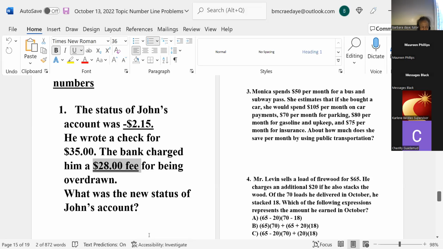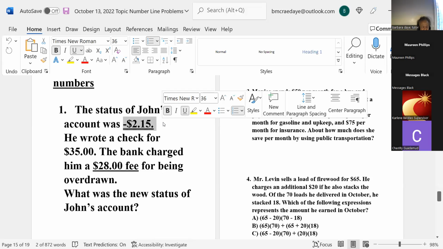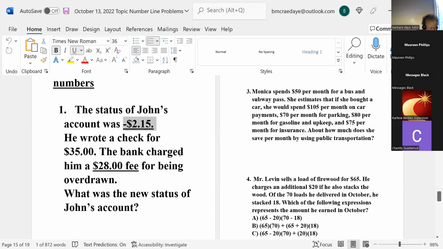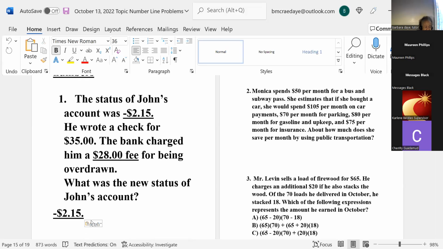So for his new status, you've got to take this negative $2.15, right? And you've got to subtract the 28. Minus 28. That's right, Maureen. Minus the 28. Let's put that there.